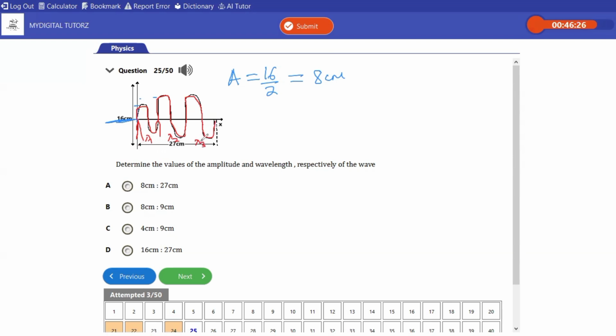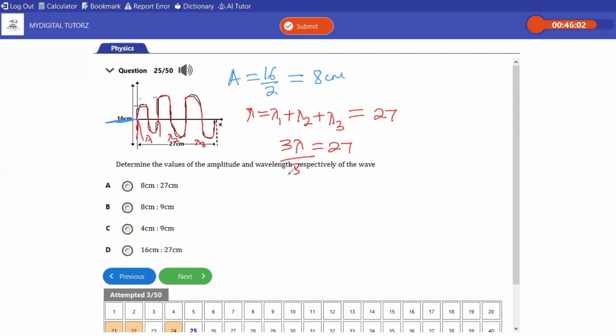So the whole of the distance is 27. That implies that total lambda is equal to lambda 1 plus lambda 2 plus lambda 3. They are all equal to 27. Since they are the same, I can just say lambda plus lambda plus lambda. In that case, I have 3 lambda equal to 27.